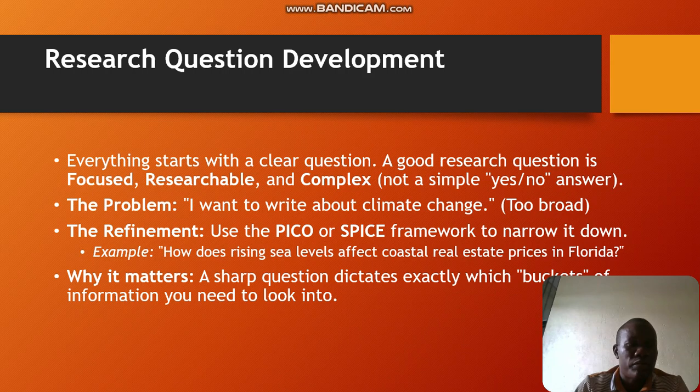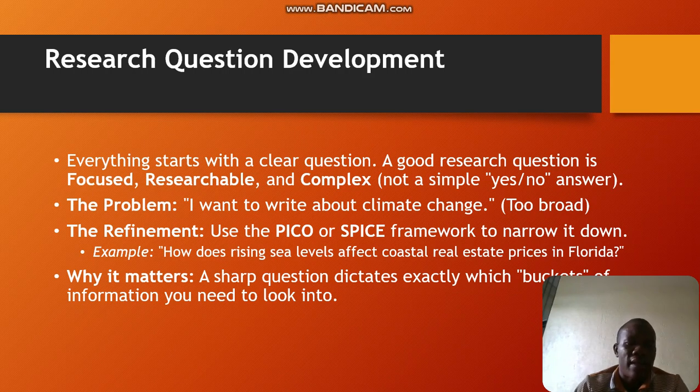Now with the search strategy, the first part here is what we call research question development. Here everything starts with a clear question. A good research question is focused, researchable, and complex, not a simple yes/no answer. Then we have the problem. If I want to write about climate change, you find that it may be too broad.